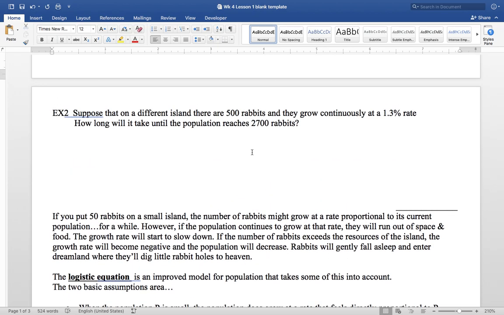It says, suppose that on a different island there are 500 rabbits and they grow continuously at a 1.3% rate. How long will it take until the population reaches 2,700 rabbits?